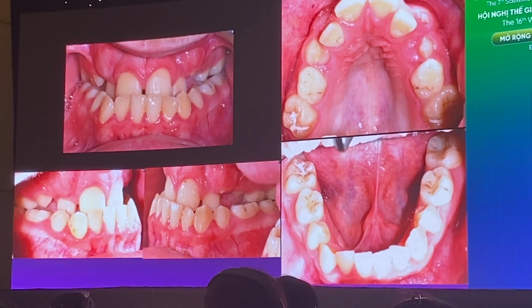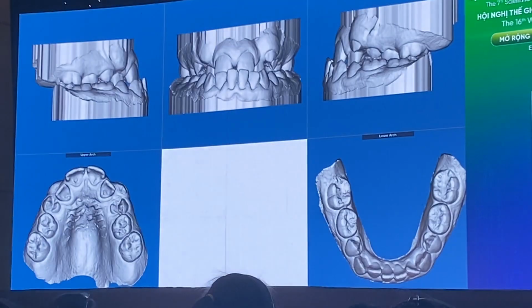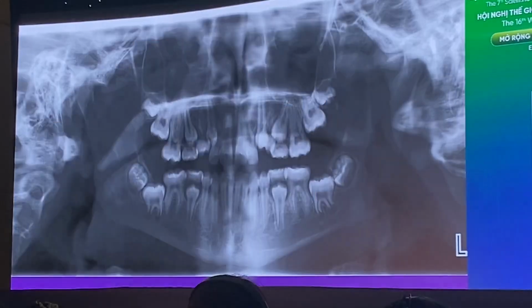But you have to expand a lot because he's got 8 millimeters deficient just on one side. So it's a tricky situation. And of course, you cannot use a conventional expansion appliance because he's already past 7-11.